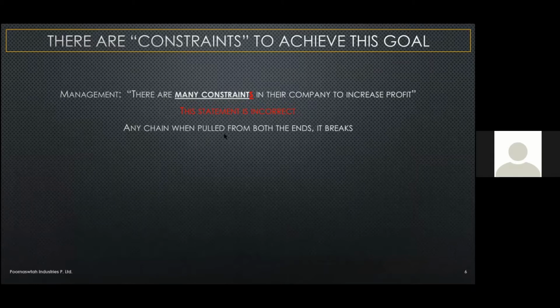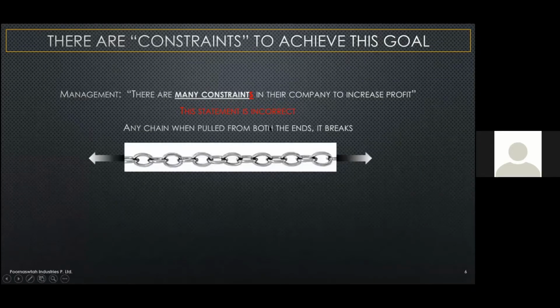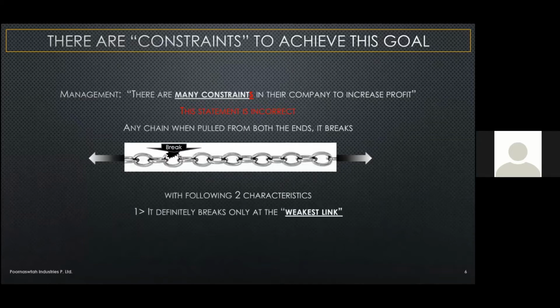Any chain, when pulled from both ends, eventually breaks. Somewhere it breaks, in the first link, the last link, or a middle link, but it definitely breaks at the weakest link. And the second qualification of this breaking is that it breaks at only one point at a time.